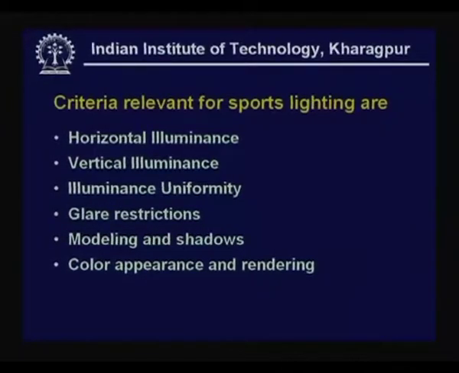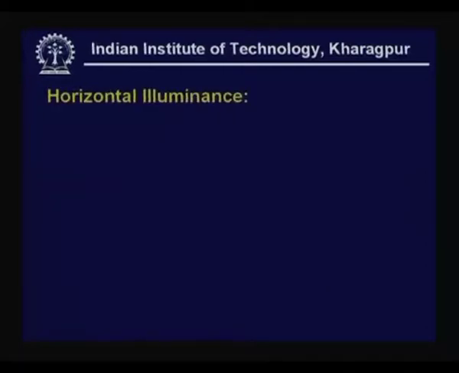So, we have horizontal illuminance, vertical illuminance, the uniformity of illuminance, glare restriction, modeling and shadow requirement, plus color rendering and appearance as important factors that need to be considered in lighting a sports installation.